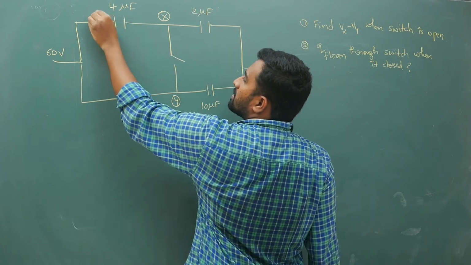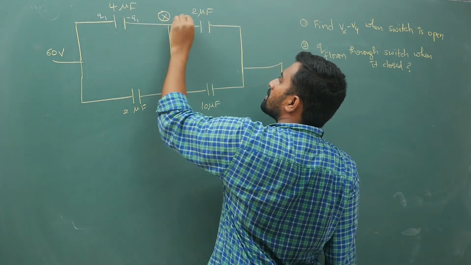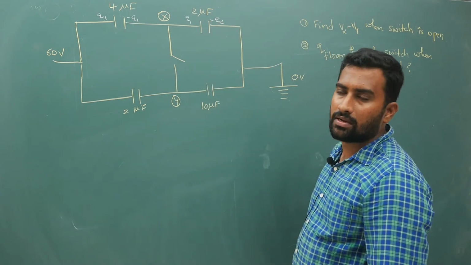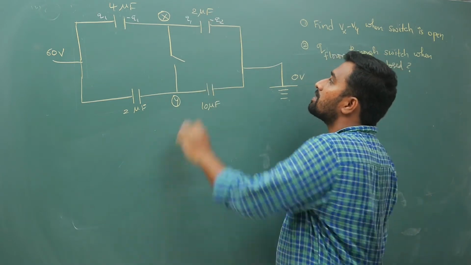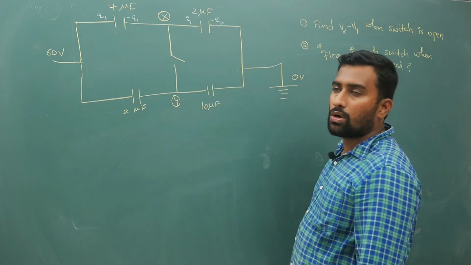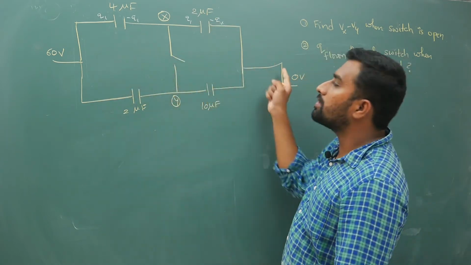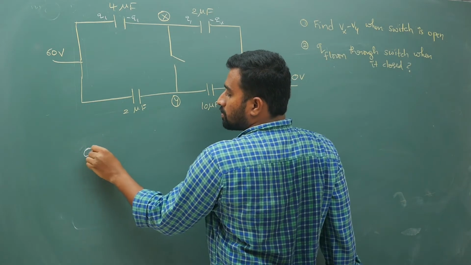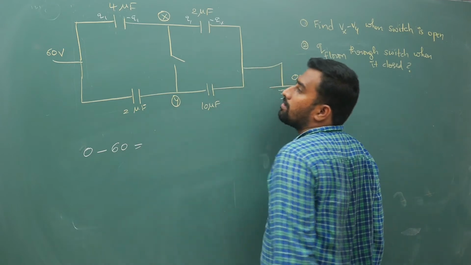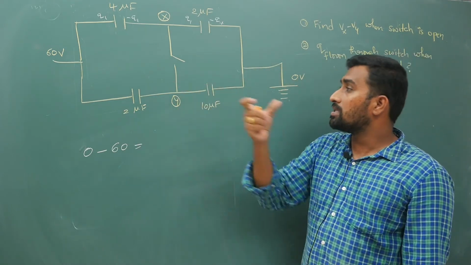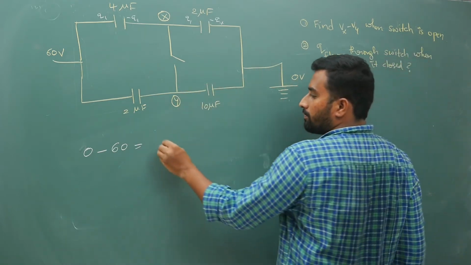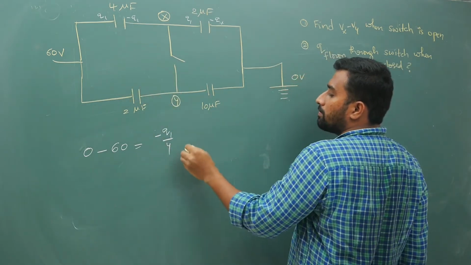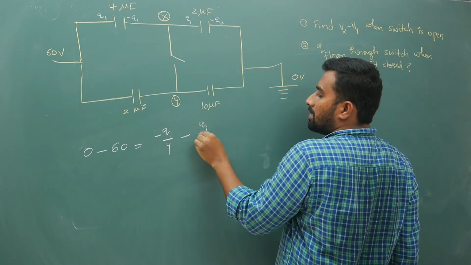Now when the switch is open, what happens? These two will be in series. So it is plus Q1, minus Q1, plus Q1, minus Q1. Now if I apply Kirchhoff's sign convention, I will get destination potential minus source potential, right? So if I travel from 60 to 0, Kirchhoff's sign convention will give you destination minus source: 0 minus 60, your destination is 0 minus source is 60, that is equal to minus Q1 by 4, because I am traveling from positive to negative plate, minus Q1 by 2.